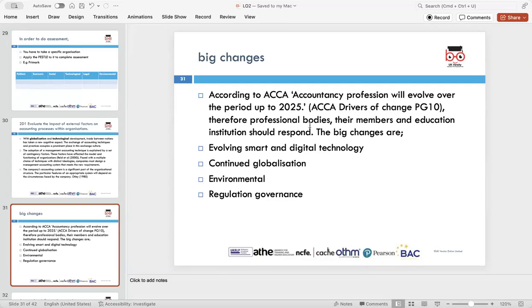Therefore, educational institutions, individuals, members of professional bodies, and professional bodies themselves should respond. Major shifts include the following: the ever-evolving technology that is both smart and digital. Continued globalization is underway. And then regarding the environment and its control of regulations.